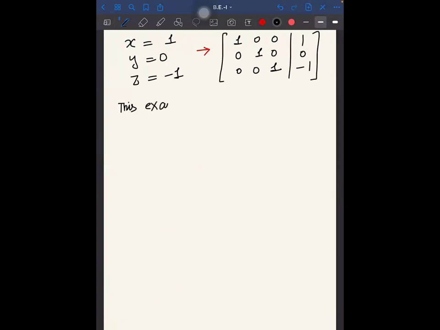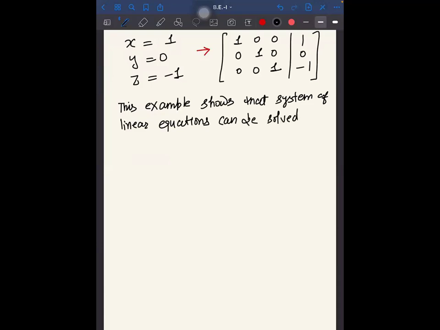So this example shows that a system of linear equations can be solved by applying row operations, and we'll now go to the elementary row operations.